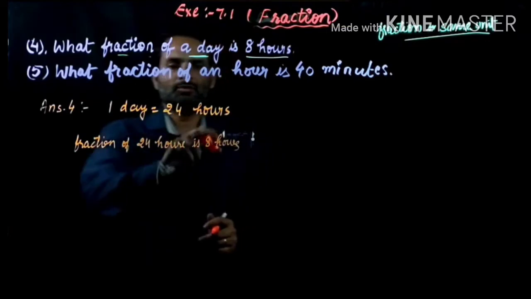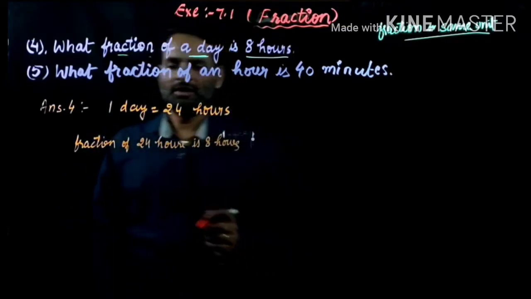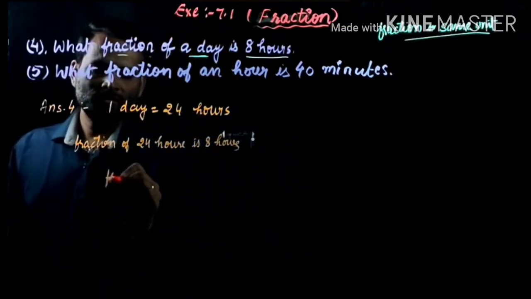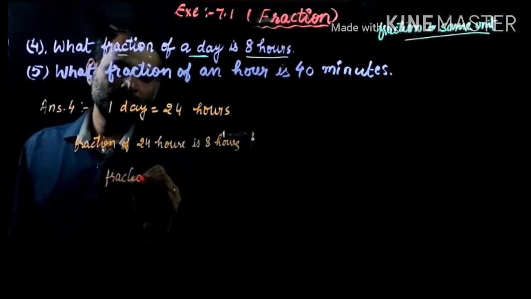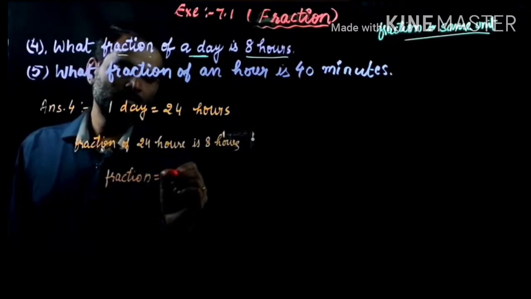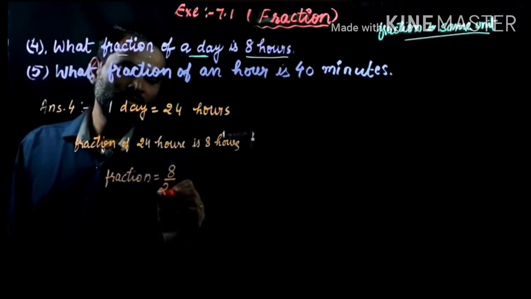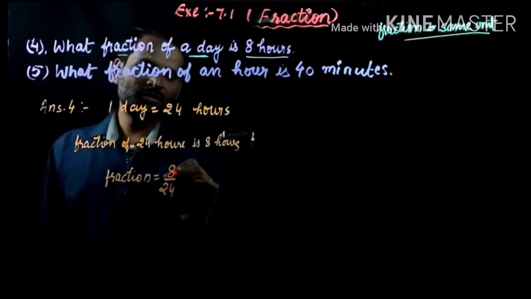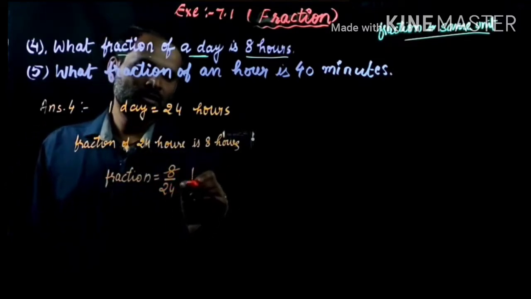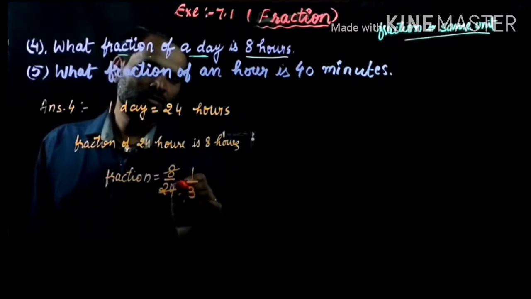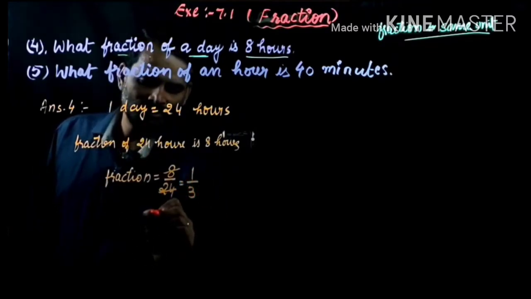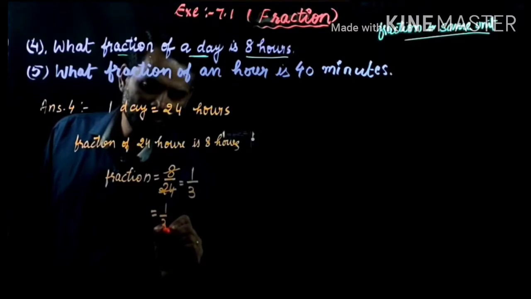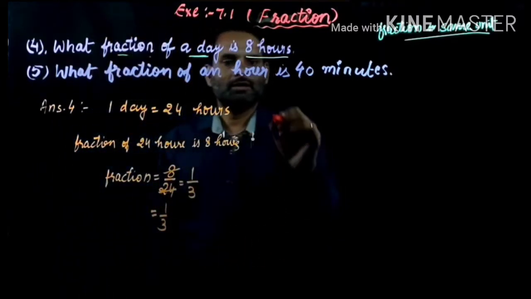One day is 24 hours, and the fraction is equal to 8 upon 24. Okay, after cancelling, 8 ones are 8 and 8 threes are 24, so 1 upon 3. So the fraction is 1 upon 3.